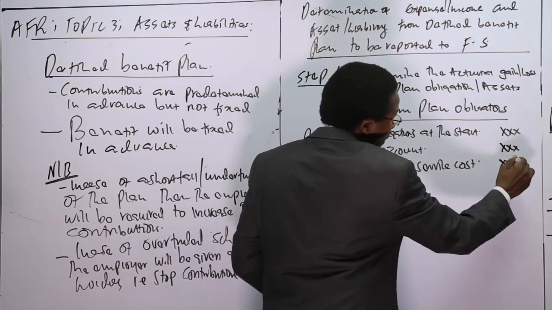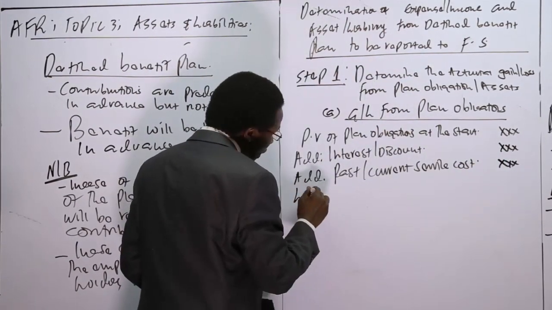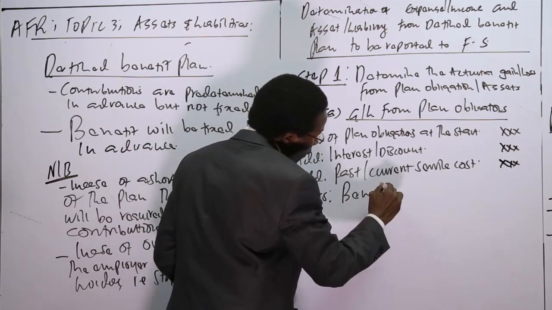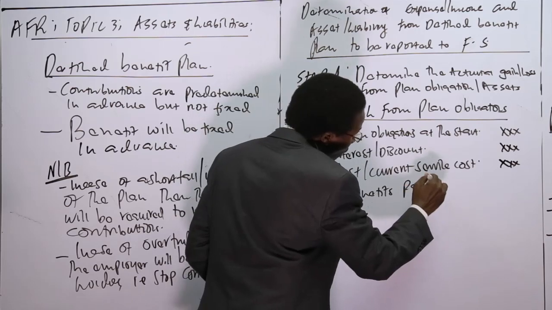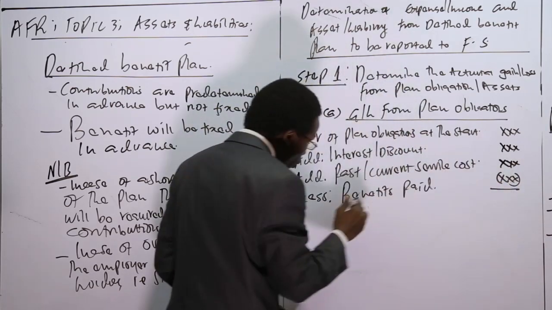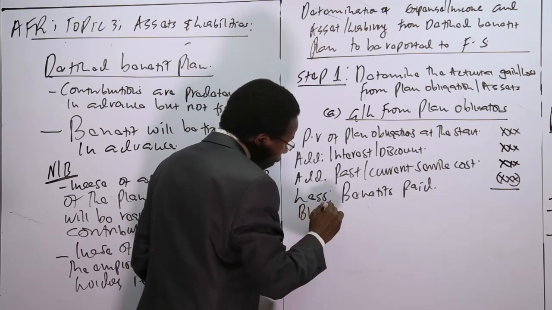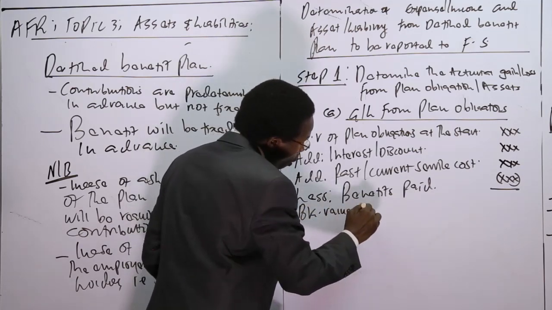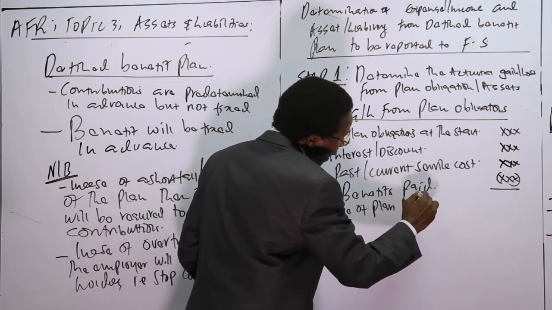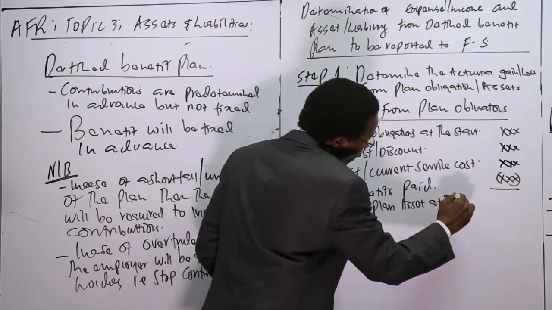So you recognize it here. Then you're going to less the benefits paid. You're going to subtract the benefits paid. Then after that, you'll get the book value of plan assets at the end of the year.